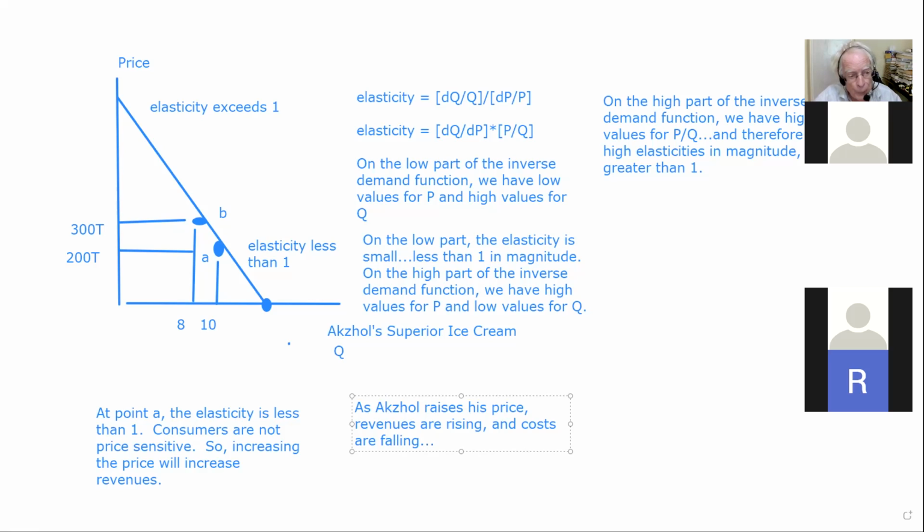So what is happening to profit in this story? Profit must rise. In other words, on the low part of the inverse demand function, our firm can always increase profits by raising the price.